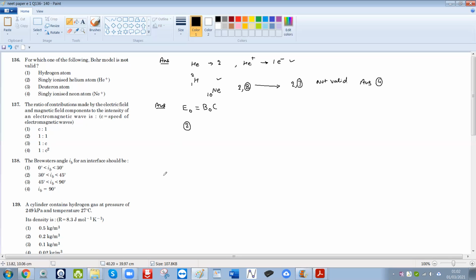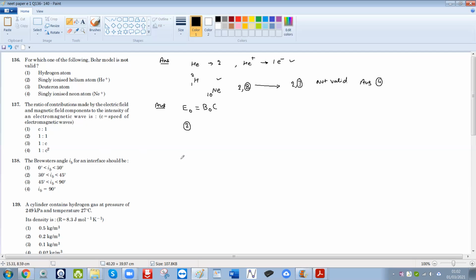Now, question number 138 says, it basically wants to know what are the possible values for Brewster angle for any particular interface.